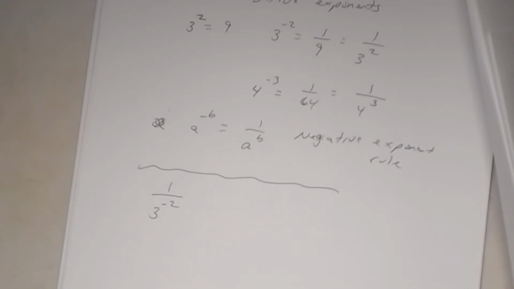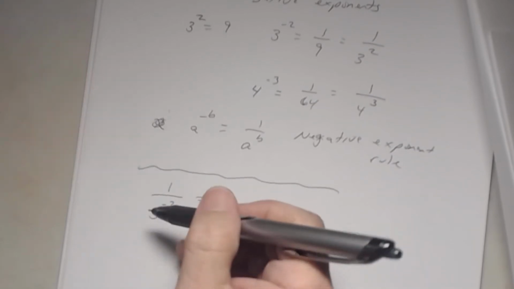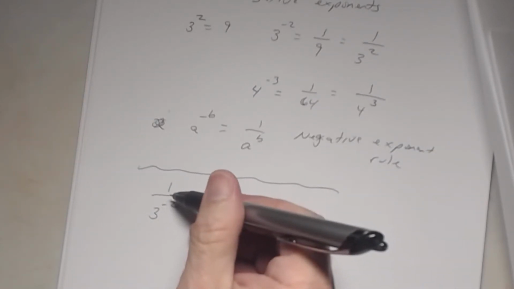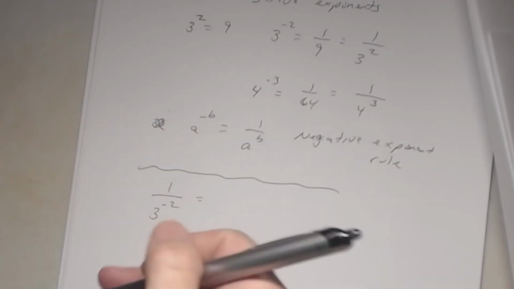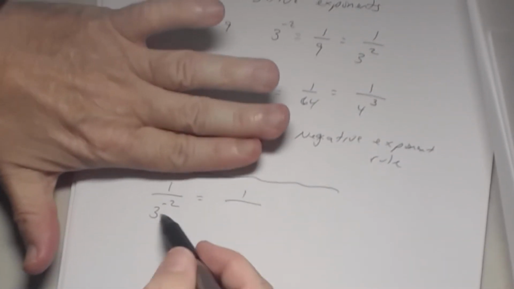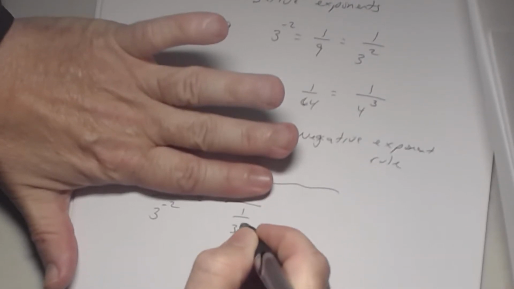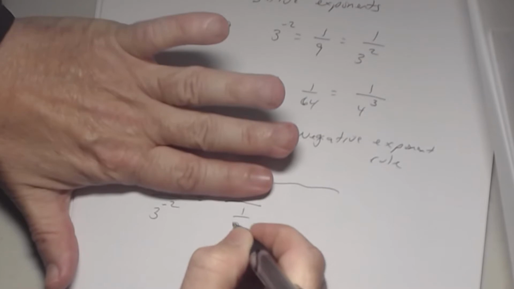Okay, all right, good point. So what she did was she remembered something from what we just did, also found something from a previous course. So this is 1 over, and then 3 to the negative second power, we just saw that's 1 over what? Yes, 9.